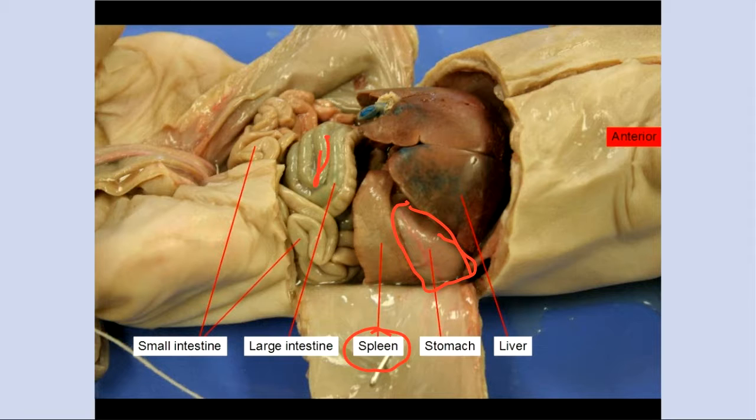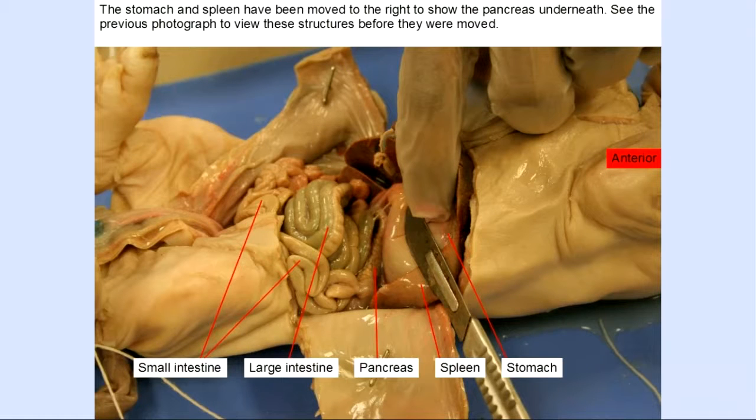Can replace blood really quickly. It's important for your immune response.